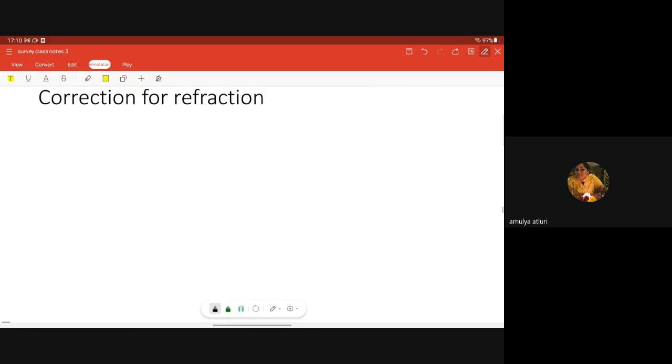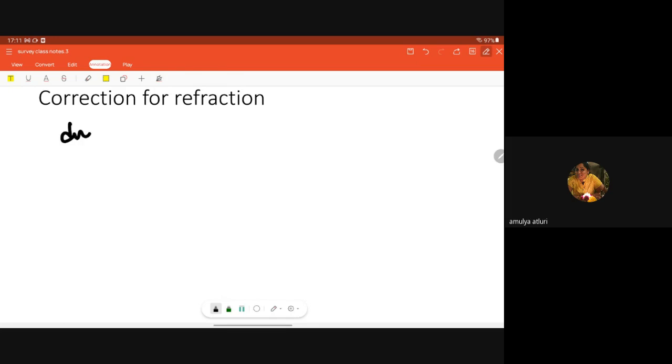Next, correction for refraction. The line of sight is deviated from the horizontal line. Hence, the effect of refraction is to make the object appear higher than it really is. The line of sight is different from the level surface.